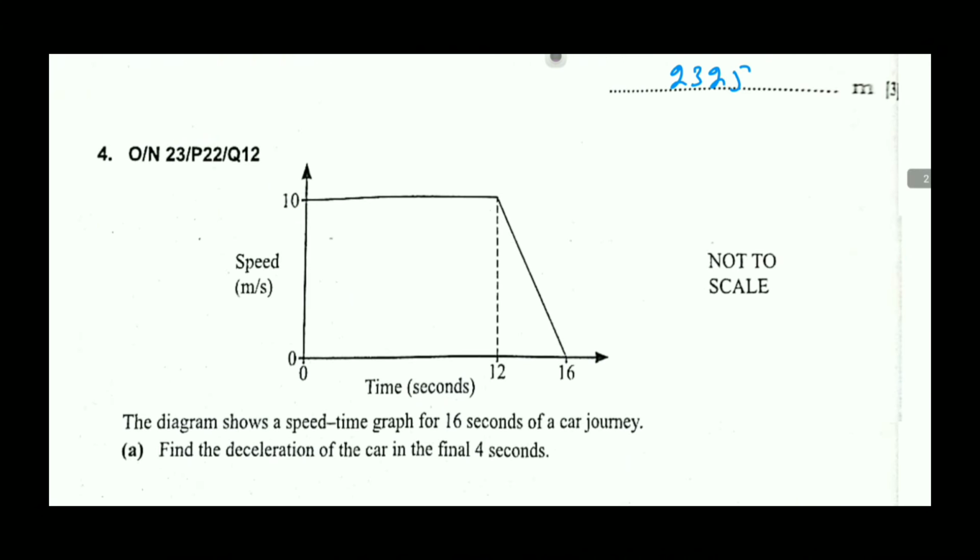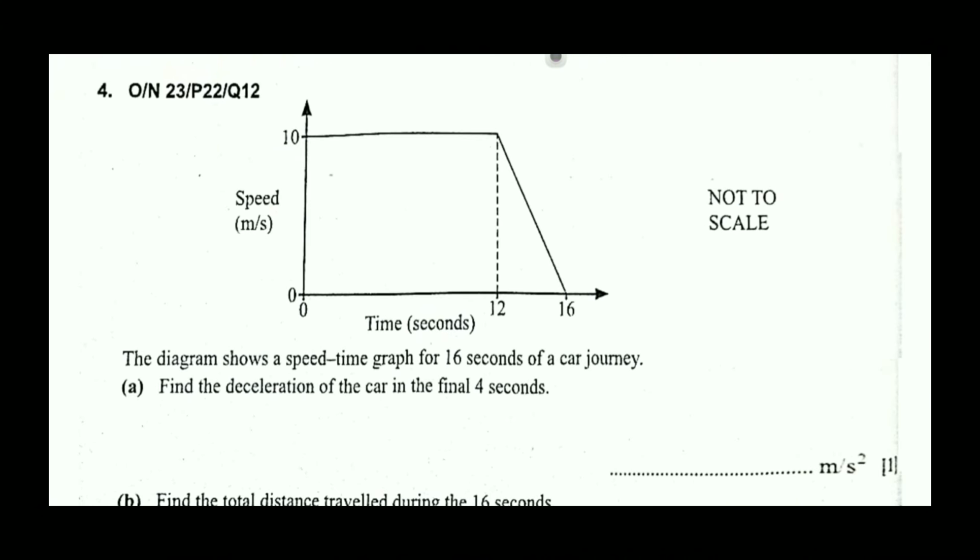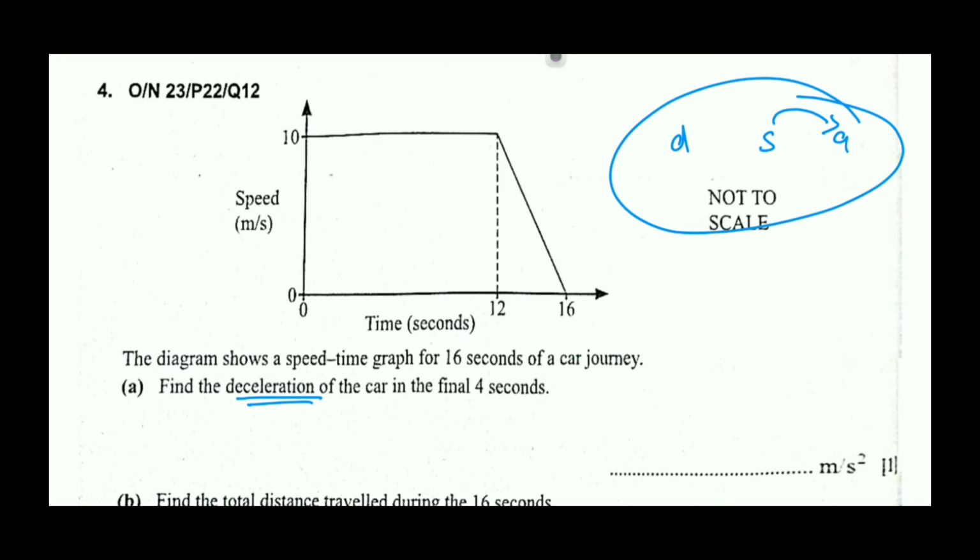Okay, next question. A speed-time graph is given to you. The diagram shows the speed-time graph for 16 seconds of a car journey. Find the deceleration of the car in the final 4 seconds. From the speed you have to find deceleration, so again DSA: you have to find acceleration, that means the gradient. Once the DSA method is clear to you, you can easily solve the question directly without this DSA shortcut.